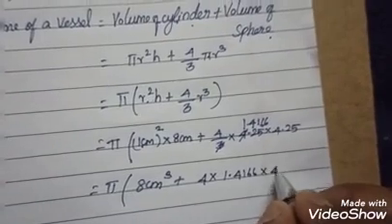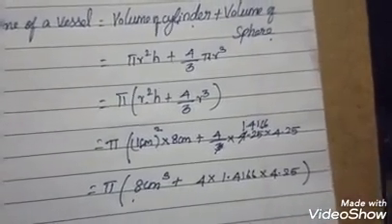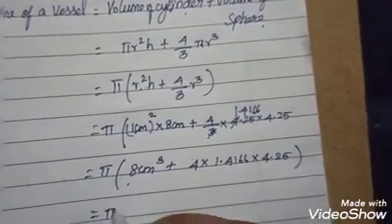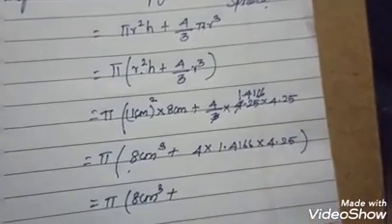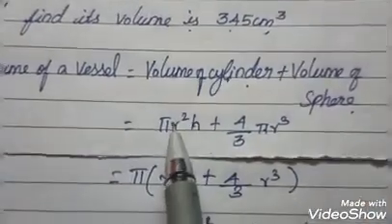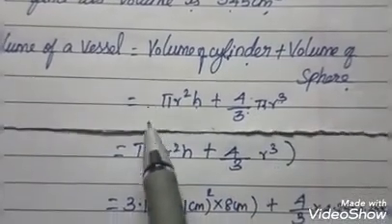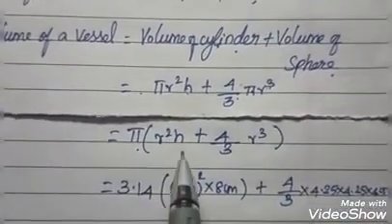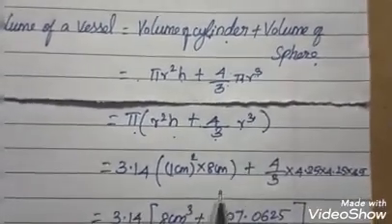Plus 4 into 1.4166 into 4.25, so you need to multiply and add this value. The formula is pi r square h plus 4 by 3 pi r cube; I take pi common, leaving r square h plus 4 by 3 r cube, and substitute the values.